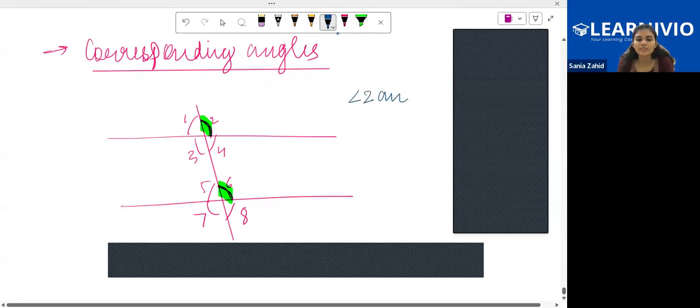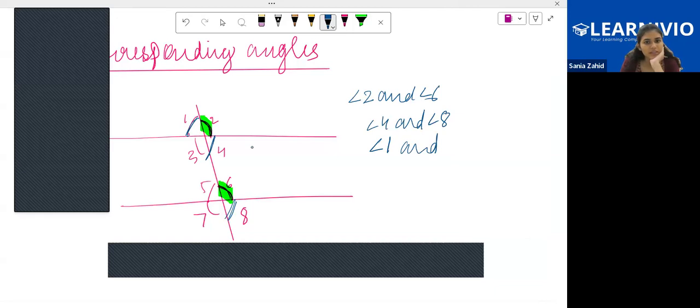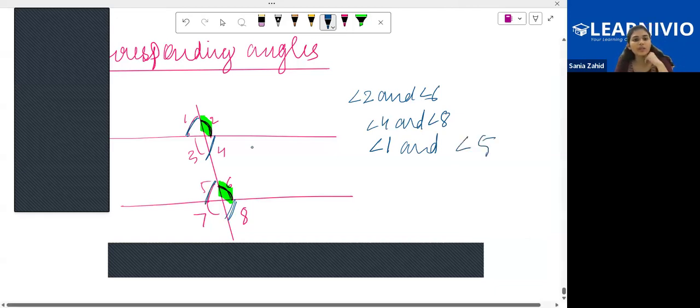So you have angle 2 and angle 6. Then with angle 4 you will have angle 8. So angle 4 and angle 8. Then with angle 1, the corresponding angle is angle 5.